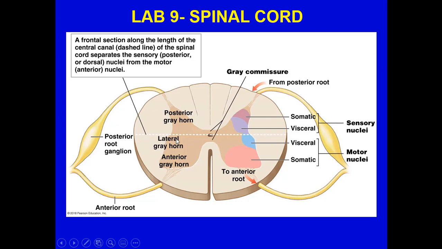Notice that a lot of it is parallel to the lateral gray horn, in the sense that a lot of the visceral work is going to be autonomous, which basically means you're not in control of it a lot, okay? The somatic is much larger, taking up the space here of this gray matter, and that's going to be moving conscious skeletal muscle contractions, moving your arms, moving your legs, things like that, okay?